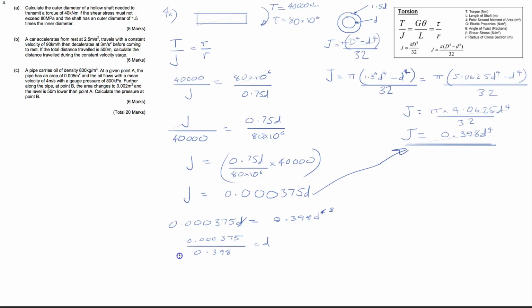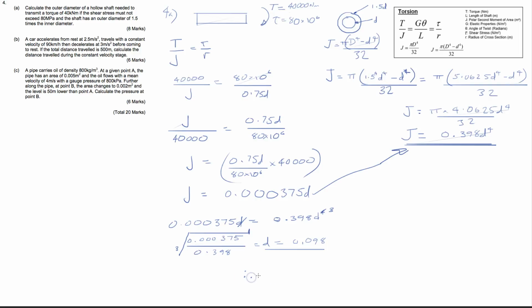So if I were to cube root both sides, that's going to give me d. Right, second to calculate that. So that equals, by my reckoning, 0.098. That's a solution for little d.